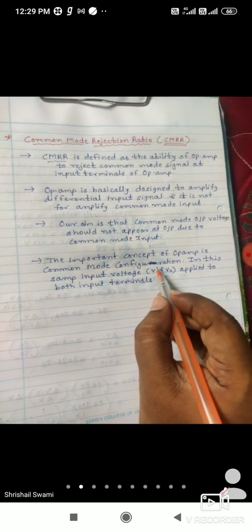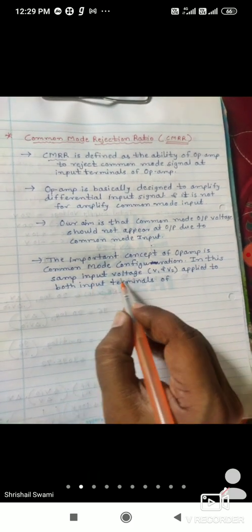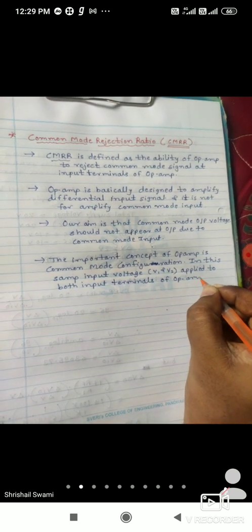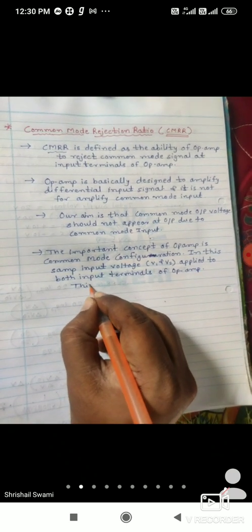So in the common mode configuration, the same input voltages are applied to both input terminals of the op amp. This voltage is VCM, that is, the common mode signal applied at both input terminals. So this is called a common mode signal.